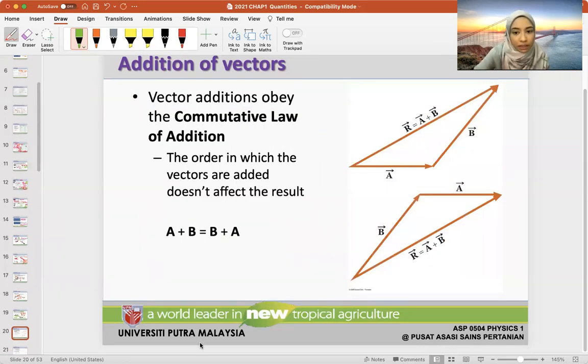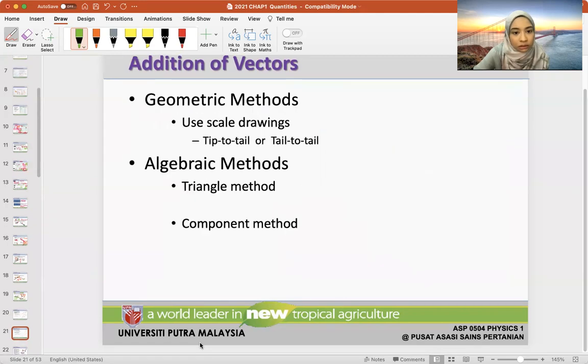So we have several techniques. This one is called the tip to tail or tail to tail method. This is under the geometric method category. And then we have the algebraic method, which is the triangle method.